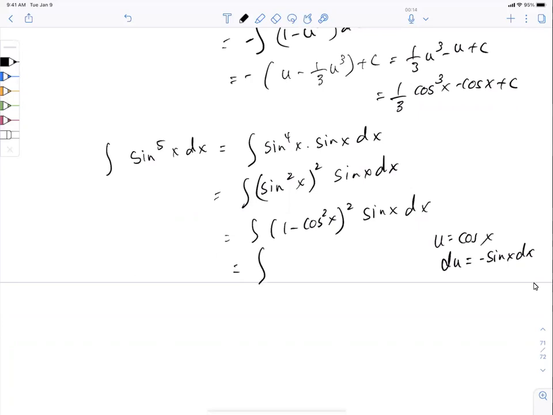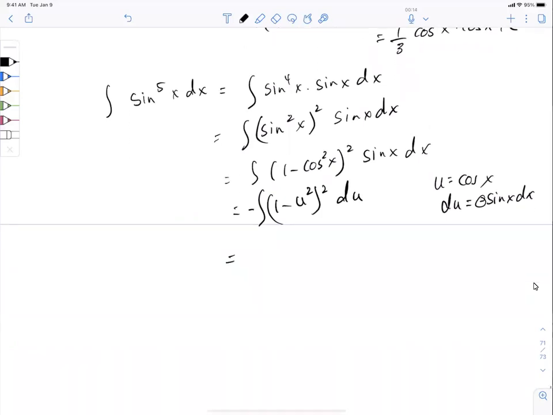So this becomes negative 1 minus u squared, squared, du, and the negative comes from the negative in du. So there's no choice other than foiling it out. You get 1 minus 2u squared plus u to the 4th du, which is going to be negative u minus 2/3 u cubed plus 1/5 u to the 5th plus c.